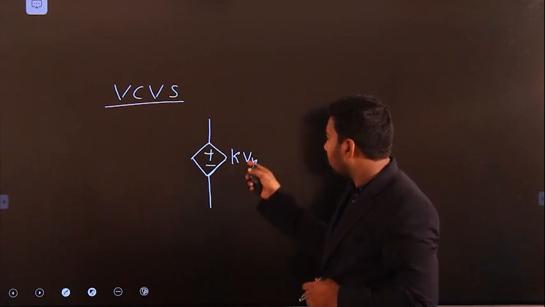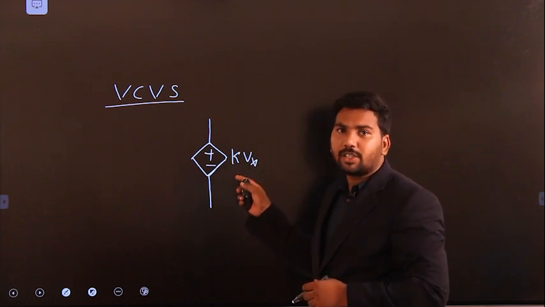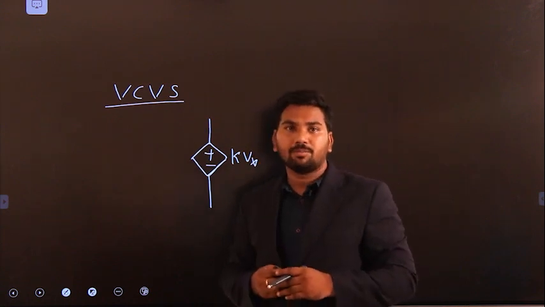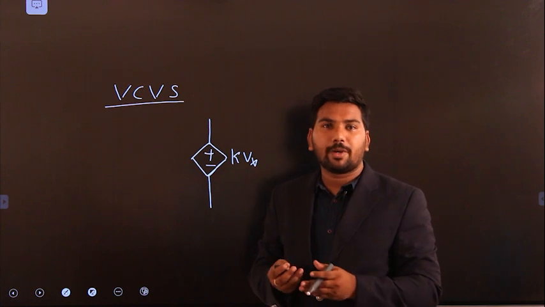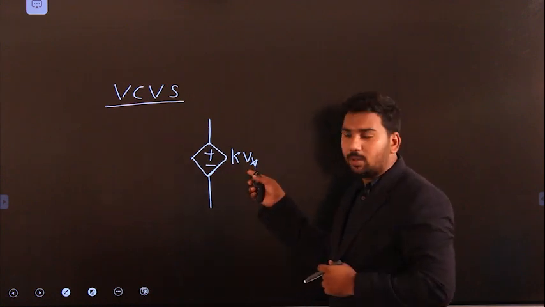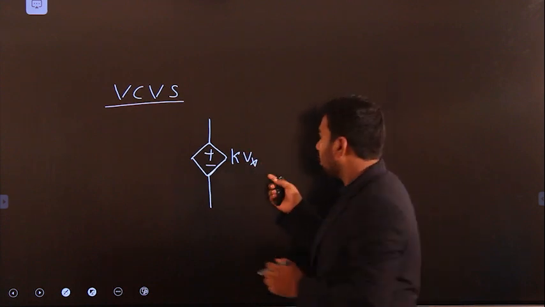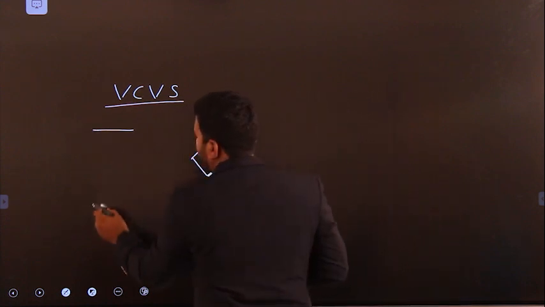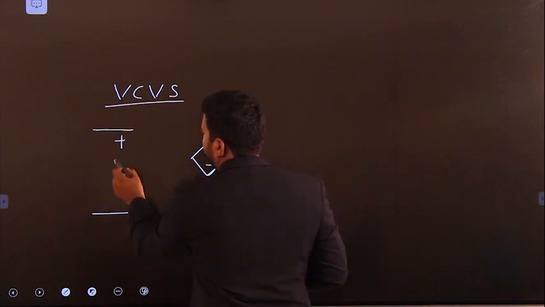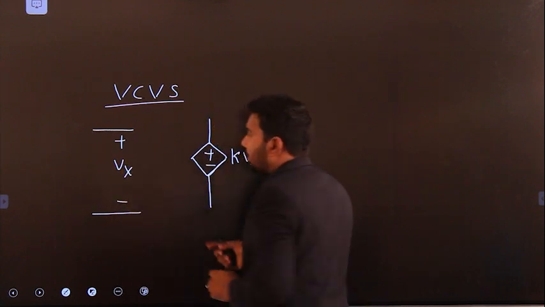Okay. Now, what is this Vx? Vx is called controlling parameter. If I change this Vx value, then this source value will change. Understand? What is this Vx? Vx is a voltage between somewhere. Okay, let us assume this is a voltage Vx between 2 points.